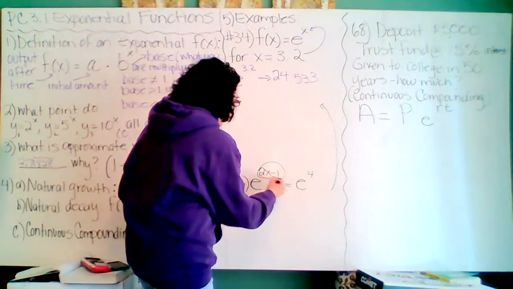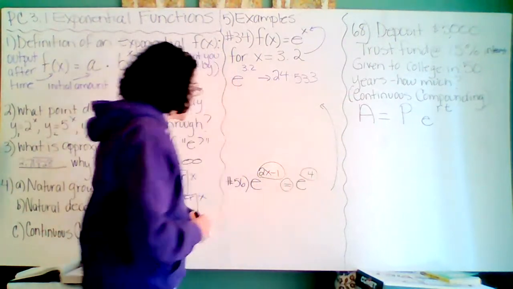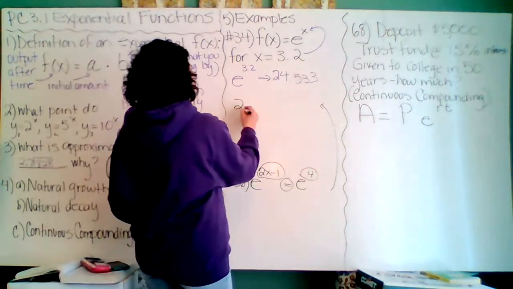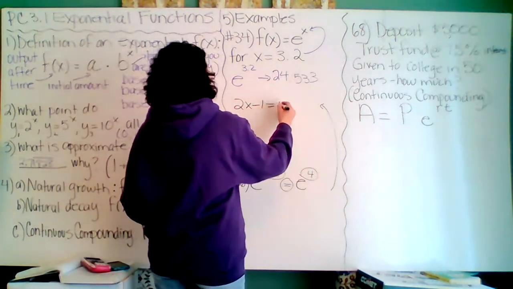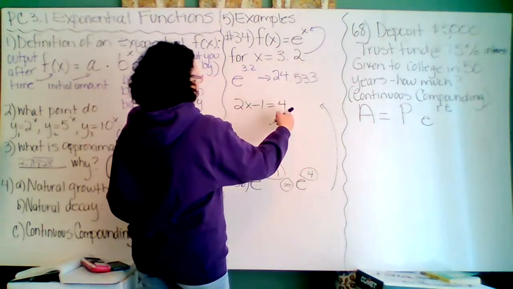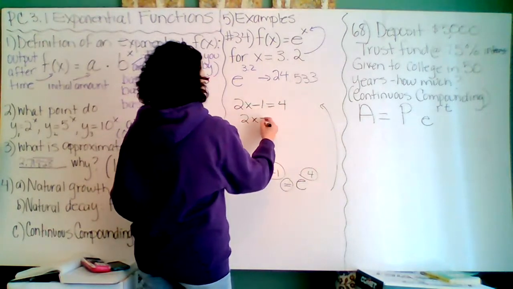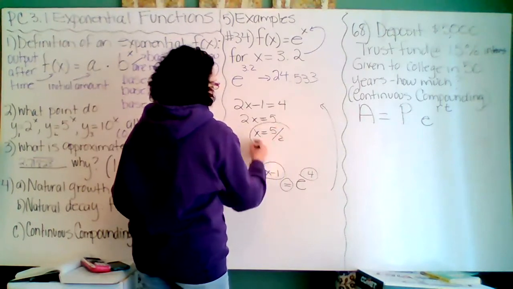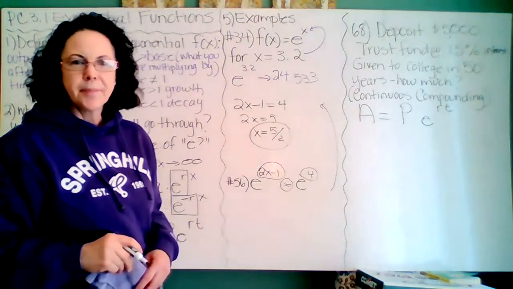The only way that can be true, right, is if the exponents are equal. And so I just need 2x minus 1 to equal 4. So I'll add a 1 to both sides and divide by 2. Here we go.